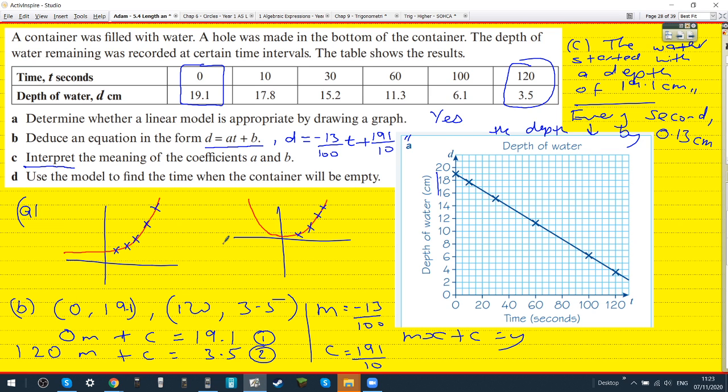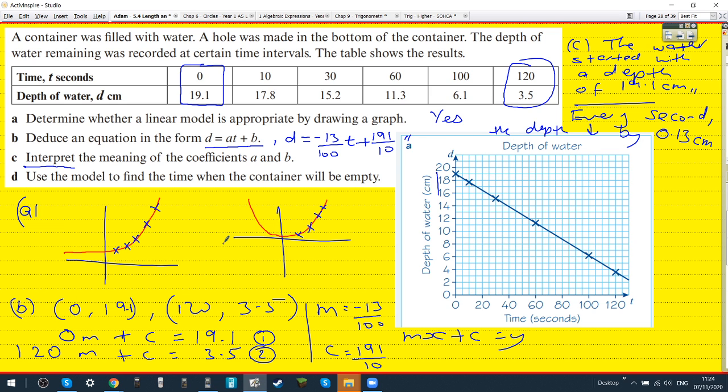So when it says use the model, does it mean the graph? It means the equation. Okay. And so how can you use the model to find the time when the container will be empty?